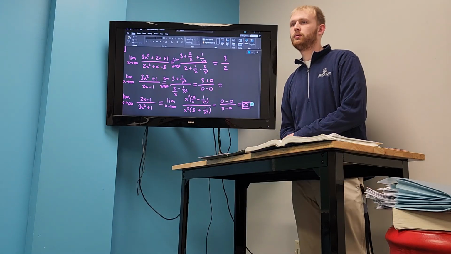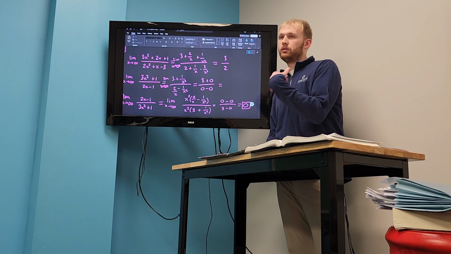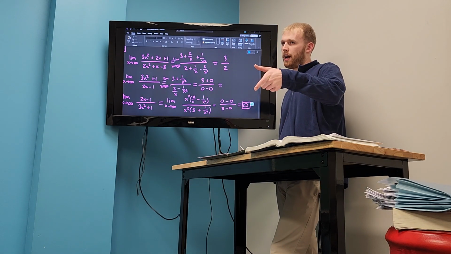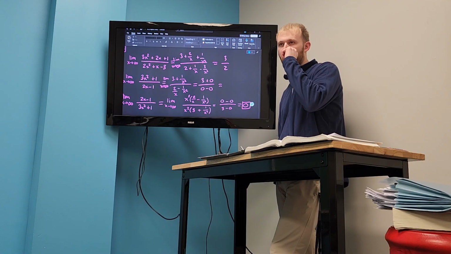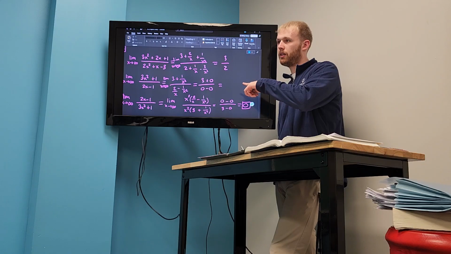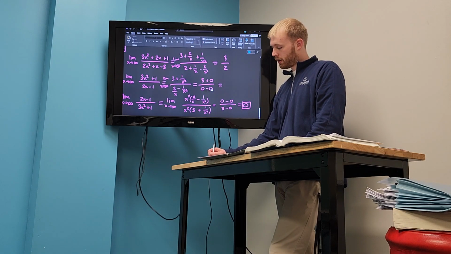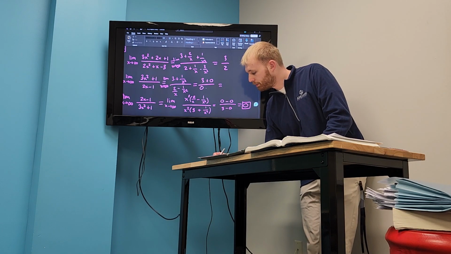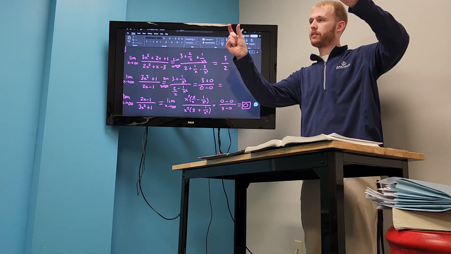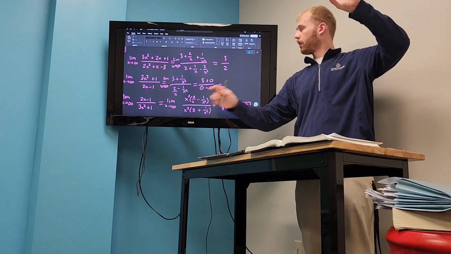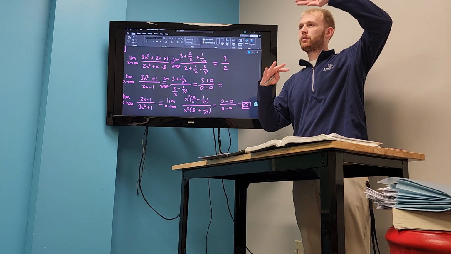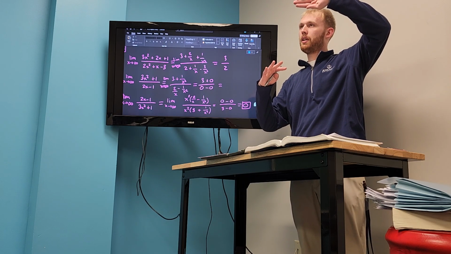Yes and no. Can you divide by 0? No, right out. But remember that we factored out that extra x to help us just see what's going on. And we're not actually dividing by 0. We're taking a limit, right? But let's think about it in terms of if I had this x here still, and I had an x multiplied by that stuff over this stuff going to 0, which of those two is going to be more dominant?